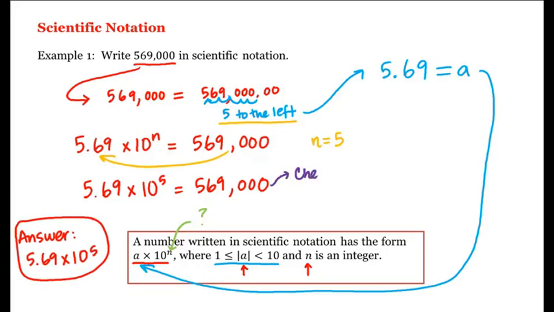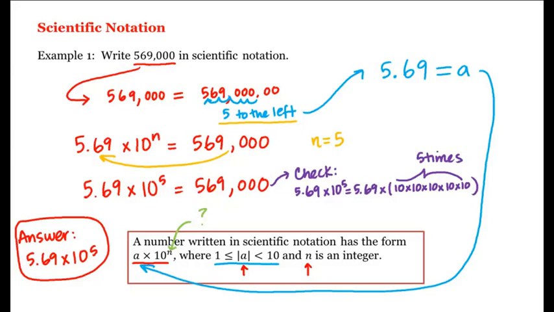And let's check this. What is 5.69 times 10 to the 5th? This is equal to 5.69 times 10 times 10 times 10 times 10 times 10, 5 times, or 5.69 times 100,000, which is 569,000.